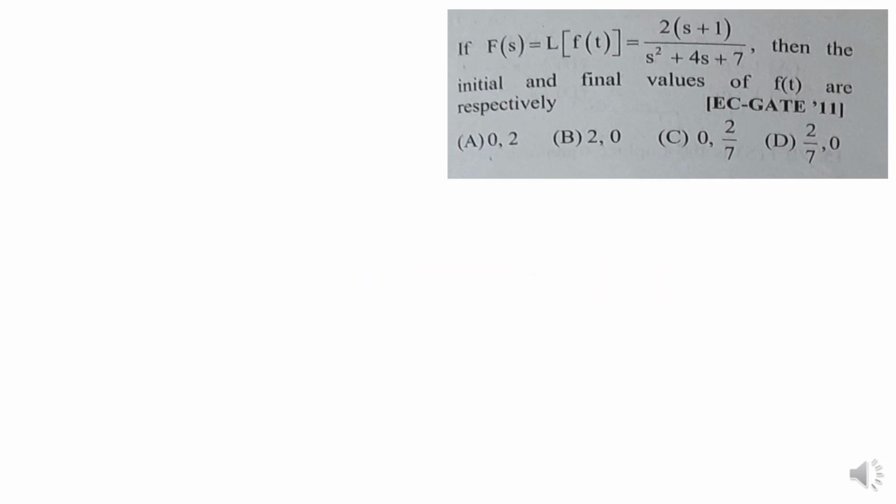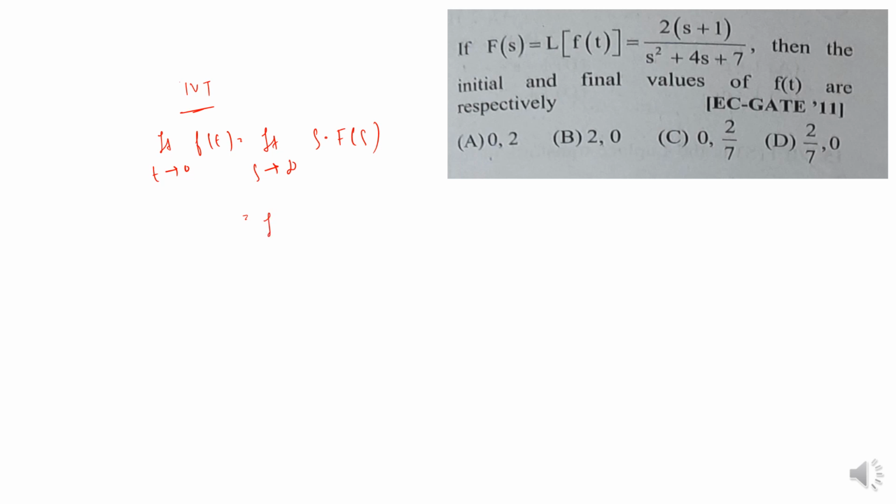Now for this question, what they have asked is to find the initial value. First of all, let us use the initial value theorem. Limit t tends to 0 of f of t is equal to limit s tends to infinity of s into F of s. We already have F of s here.